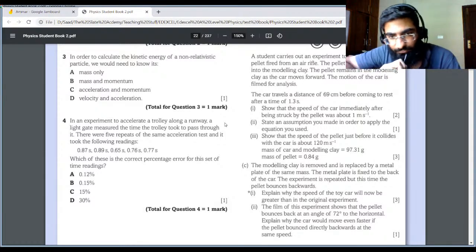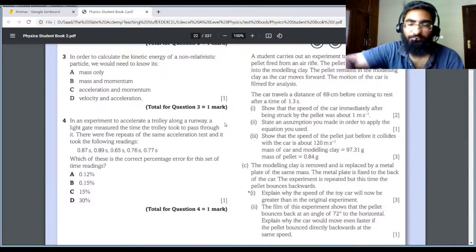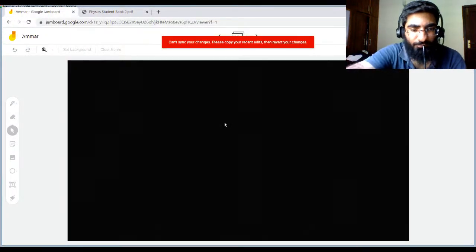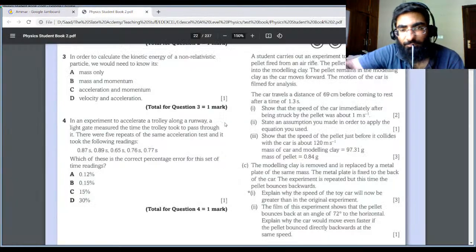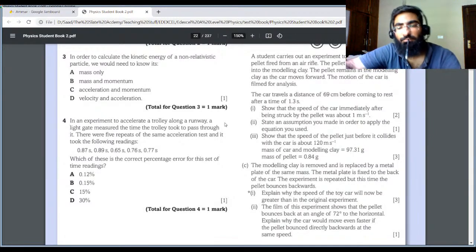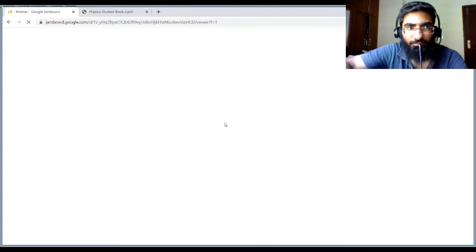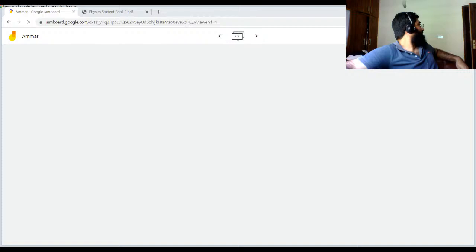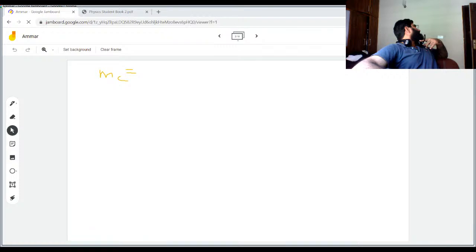Mass of car and clay is equal to 97.31 grams. How many kg is that? Isn't it 0.09731? And the mass of the pellet is 0.84.